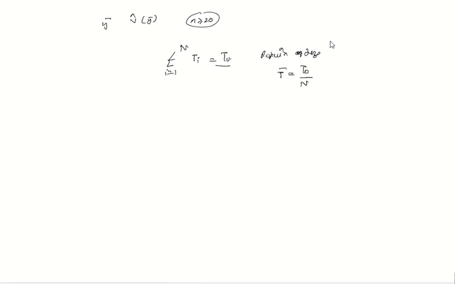So the population total y can be estimated as t y bar, and its variance can be calculated as t square times the variance of y bar, which is nothing but n square, 1 minus n upon n, st square by n.